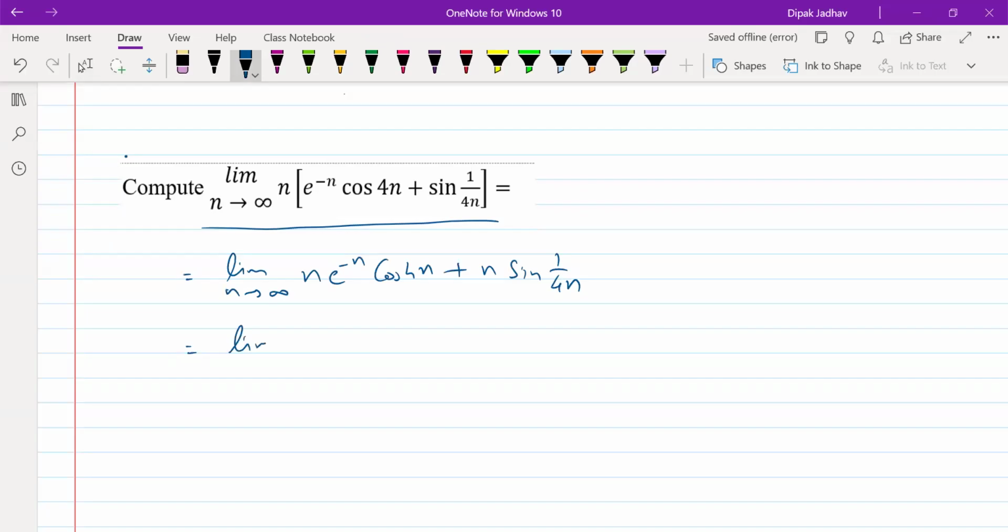Then what will you do with the second term?